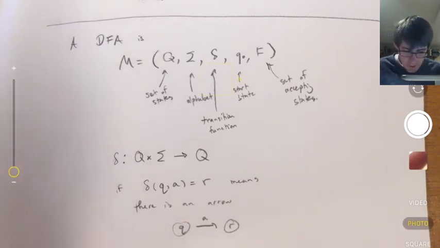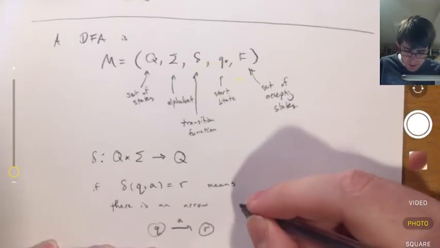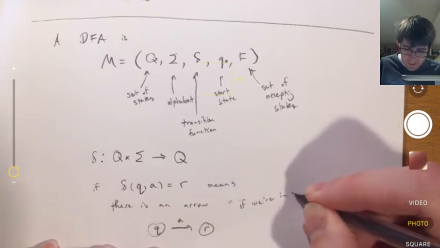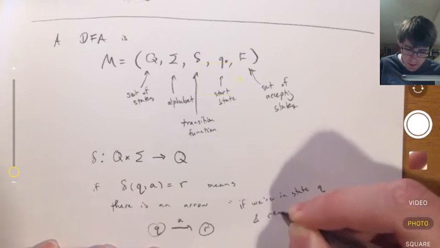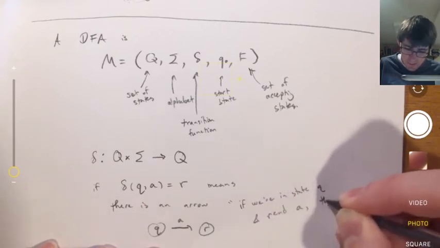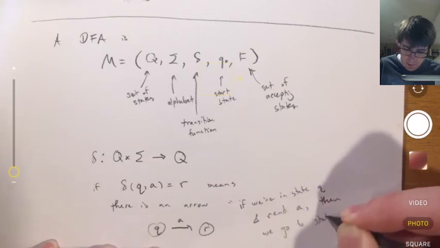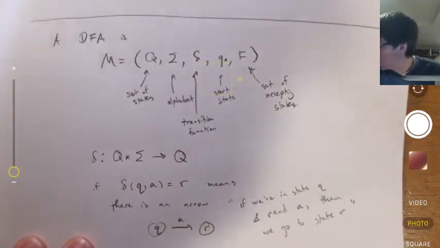Or another way you could say what this means, just in plain words, it means if we are in state Q and we read A, then go to state R, right? That's another way to say what that means in ordinary words.